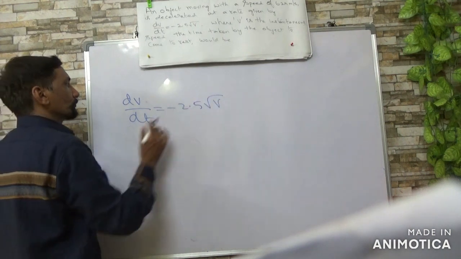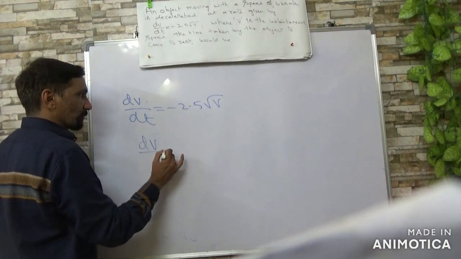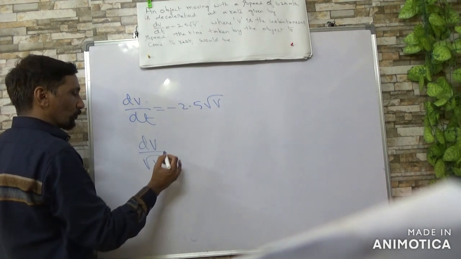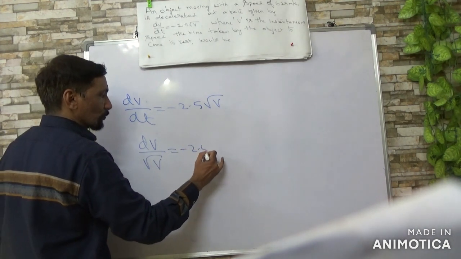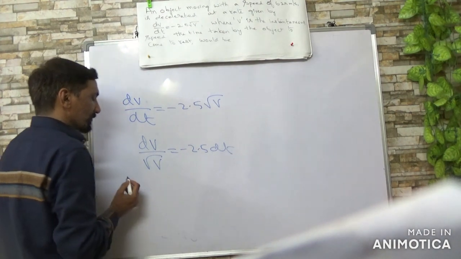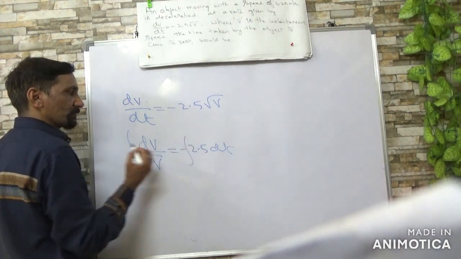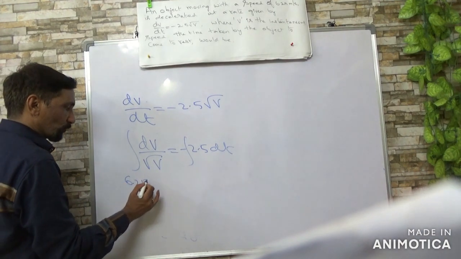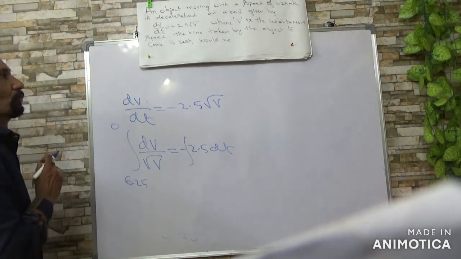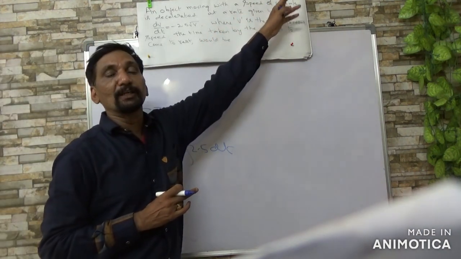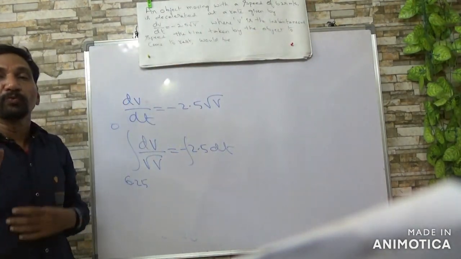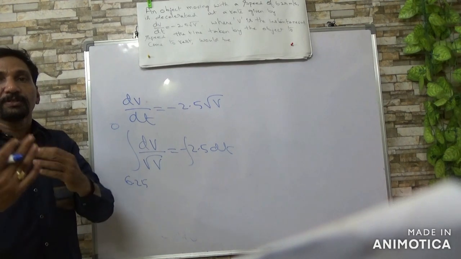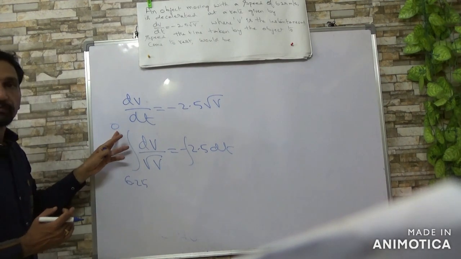If you bring all variables to one side, dv by root v equals minus 2.5 dt. So integrate between the limits 6.25 to 0, because the particle in the beginning is moving with 6.25 meters per second and decelerates to 0 velocity.